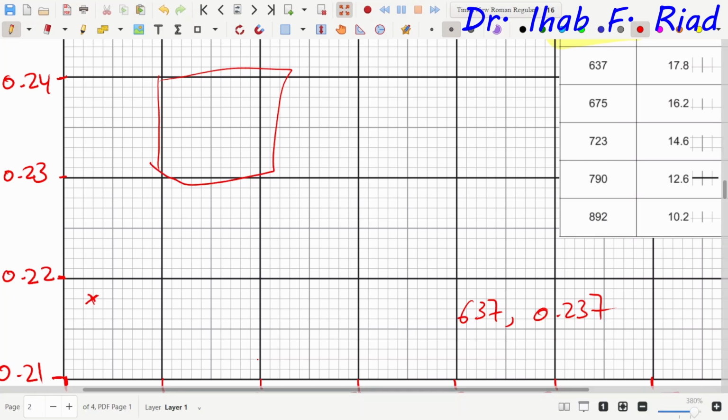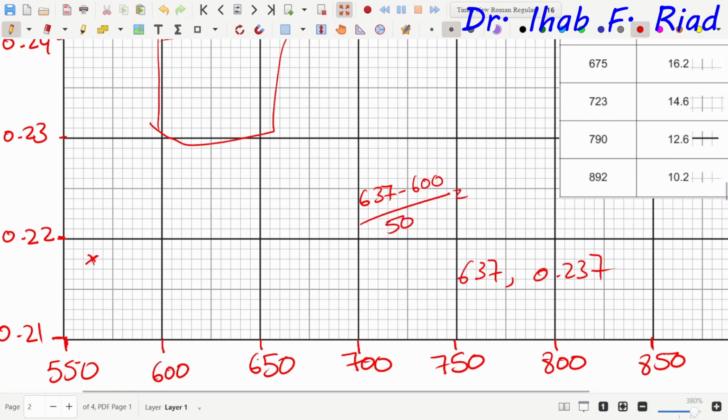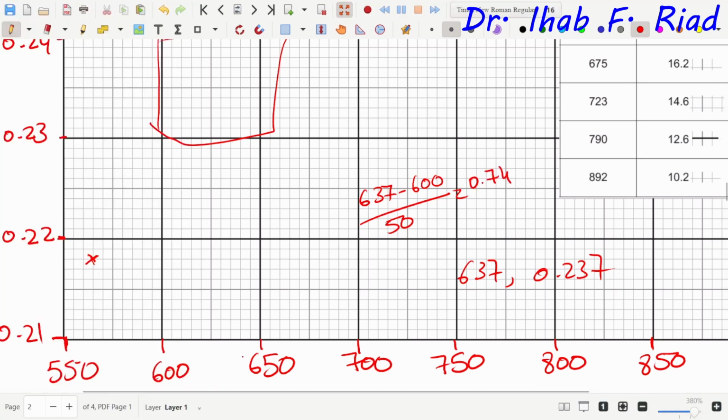Let us start doing a little bit of math. So it is 637 minus 600, divided by 50. Now we get 0.74.